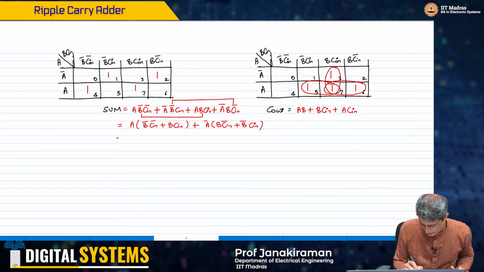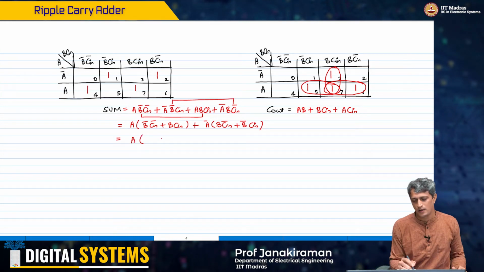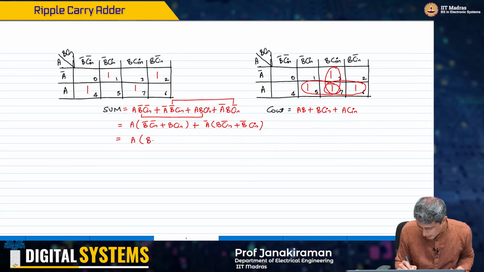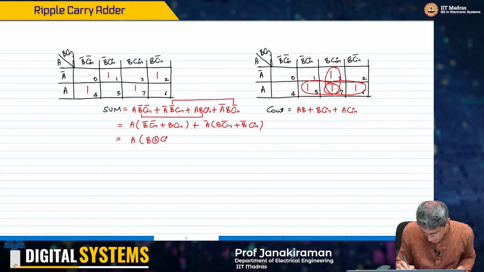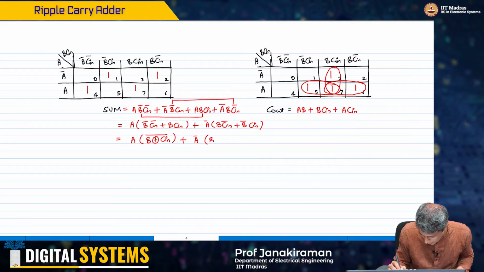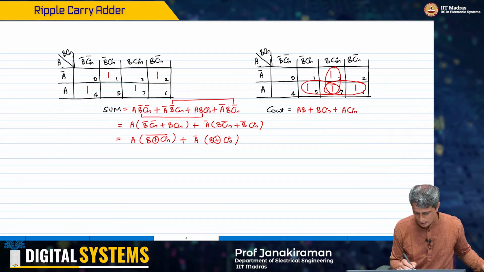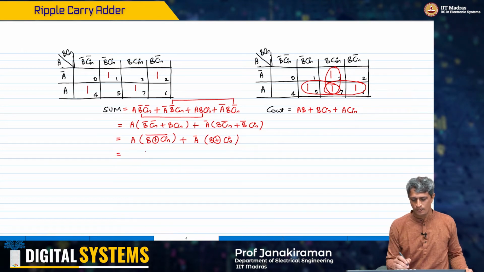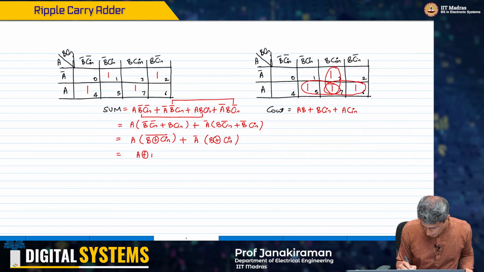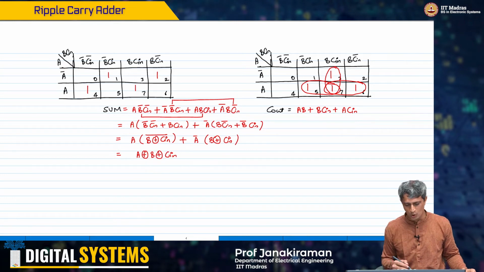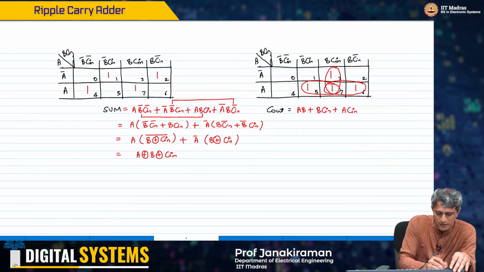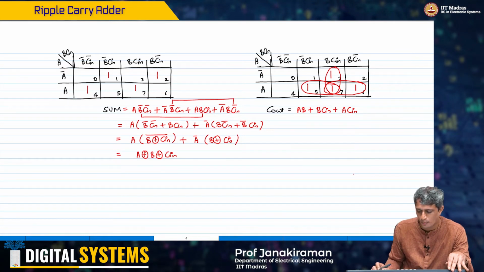Now I can simplify this further as A into (B XOR C in) whole bar plus A bar into (B XOR C in). And you can therefore write this as A XOR B XOR C in.